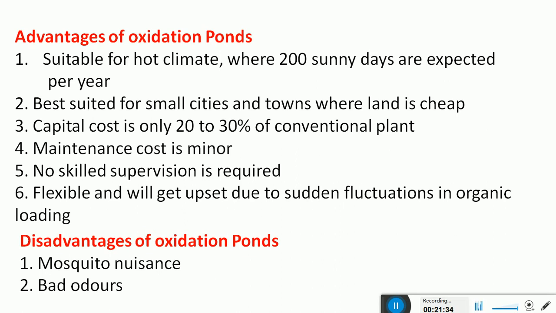These are best suited for small cities and towns where the land is cheap, because it requires more land, and to serve a smaller population without much use of labor, machinery, pumps, etc. Here the capital cost is only 20 to 30% of a conventional plant.